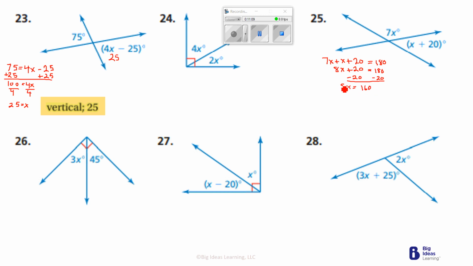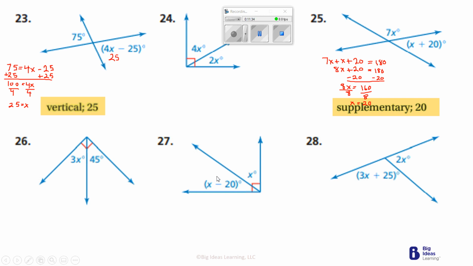And I know I'll have to get 8 away from x. Since it's being multiplied to x, I will divide it away, which means I'll divide 160 by 8, and x has to equal 20. So these are supplementary angles, and x equals 20. That's my answer. Supplementary, 20.